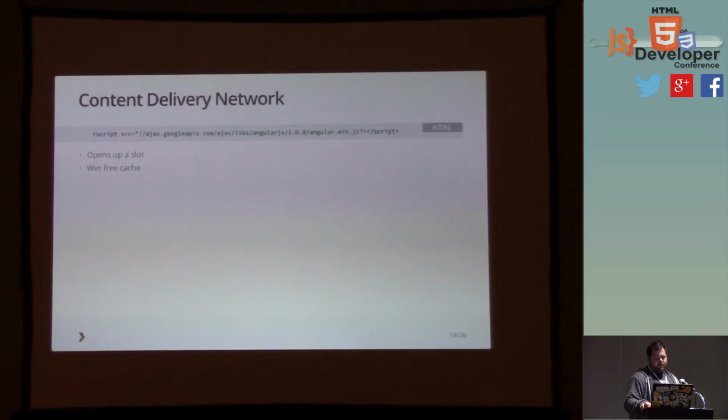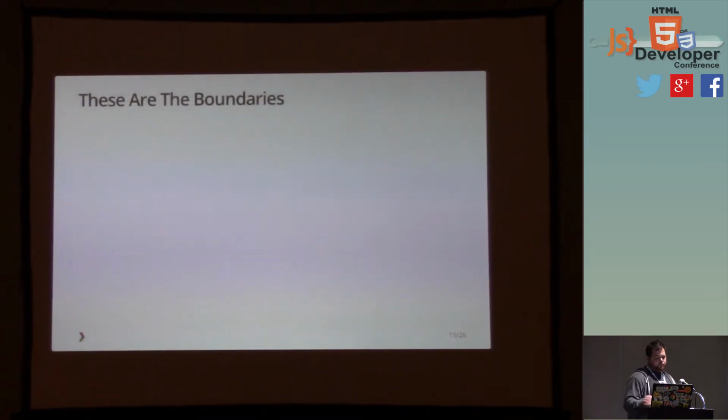The CDNs do a very good job of caching the library. So now if another person visits and they happen to be going to the same file, they already have it on their system and they don't have to download it again, and it's much faster. And this one happens to be Google's CDN, and I'm pretty sure they don't go down too often. So it's pretty safe to use that.